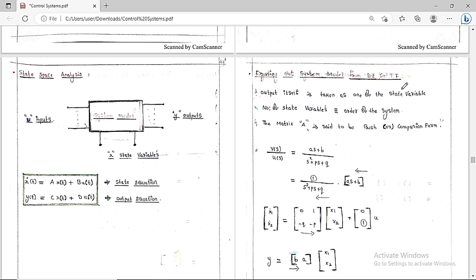Listen carefully. The output itself is taken as one of the state variables, and the number of state variables is always equal to the order of the system.